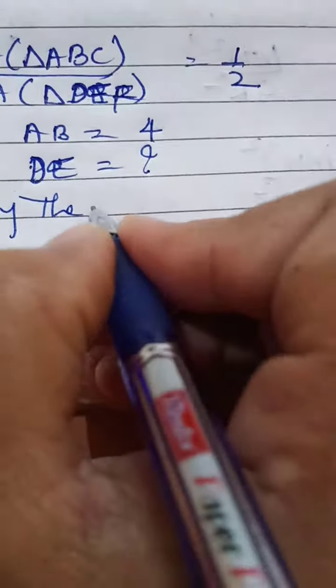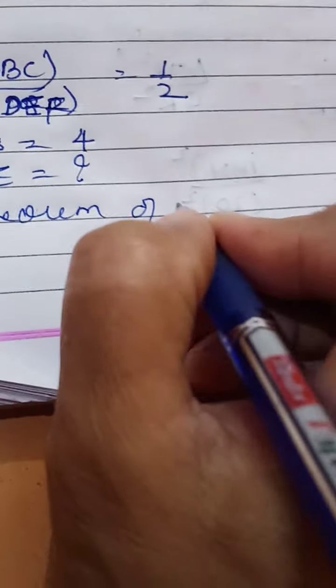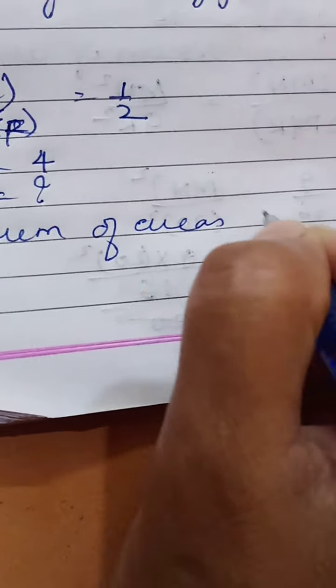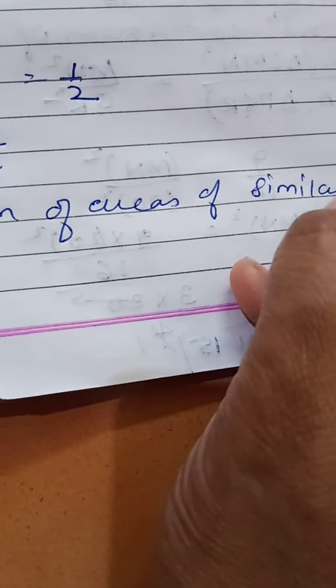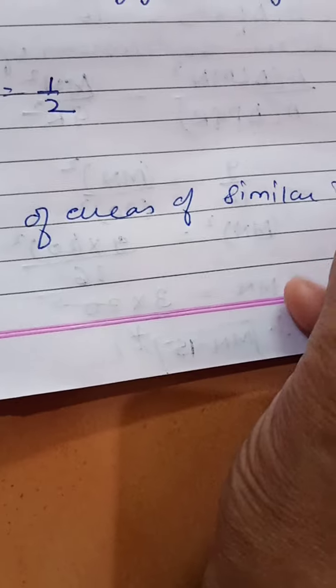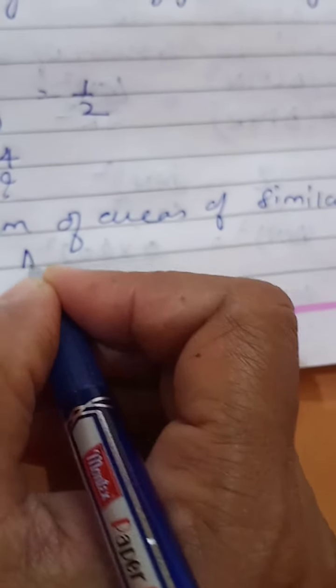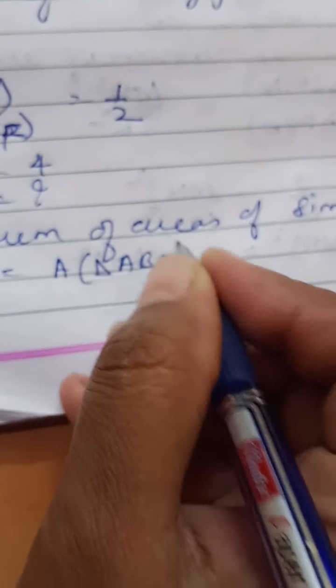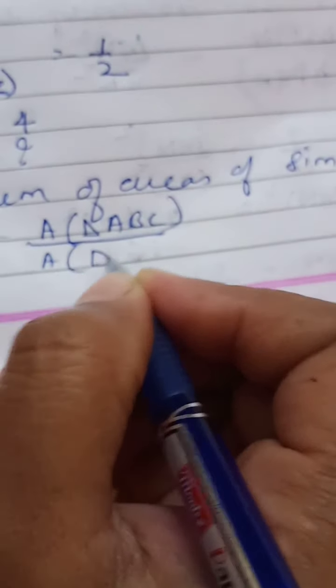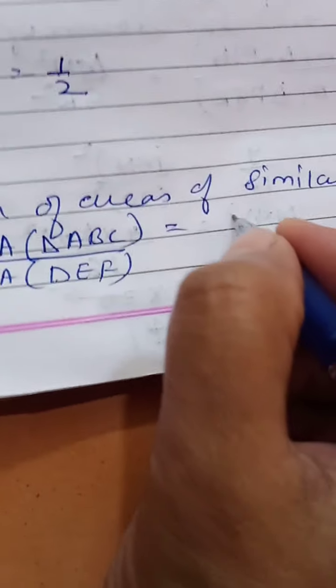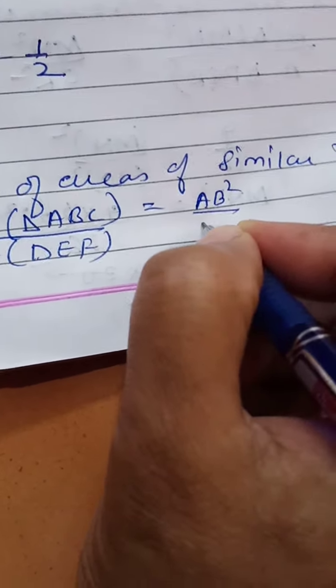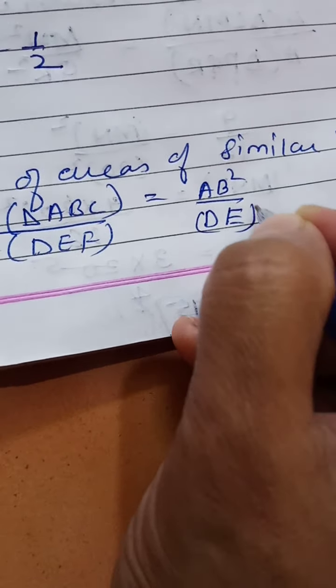So we know by the theorem of areas of similar triangles, area of triangle ABC upon area of triangle DEF is equal to AB square upon DE square.